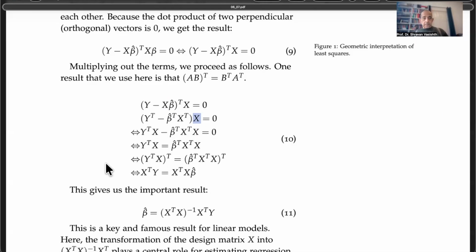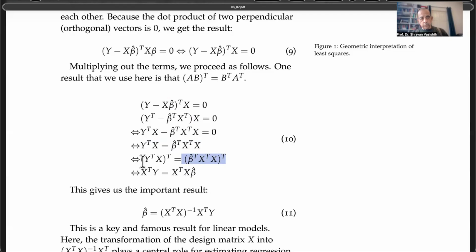Now, if I transpose both sides, I still get the same equation. So I'm going to change y transposed x to its transpose, and beta hat transposed x to the transpose of that.